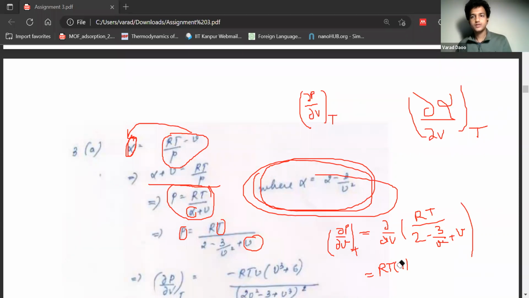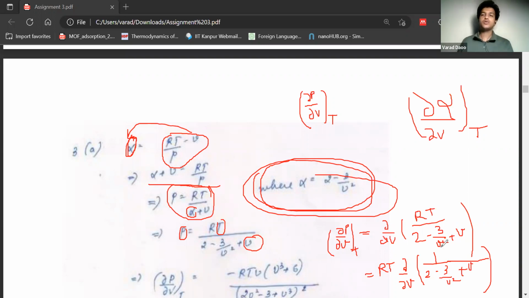Or you can just say into ∂/∂V of 1 by (V minus b) minus a by V squared plus... Okay, this is just a derivative. You can just take the derivative, treating it like 1 by x.